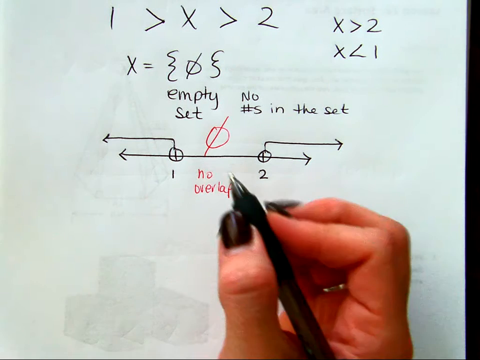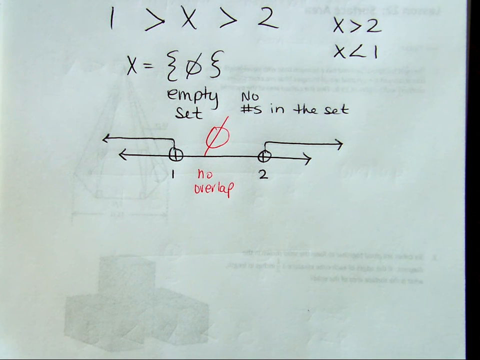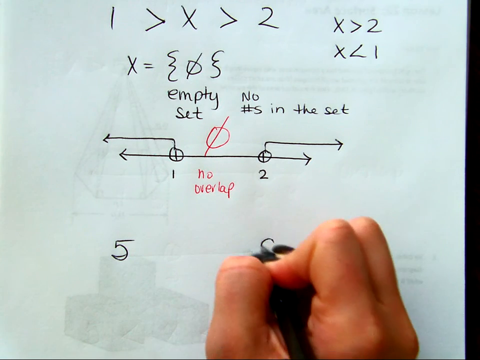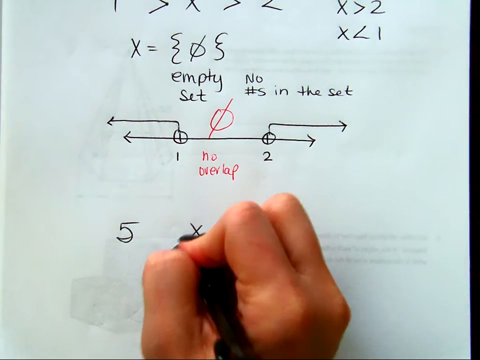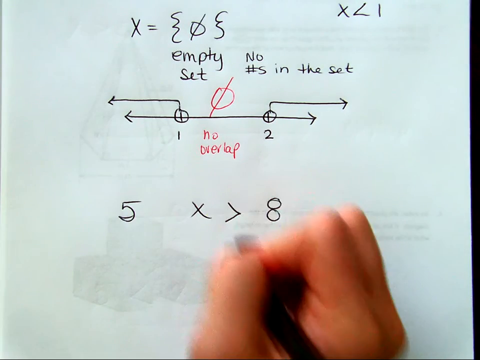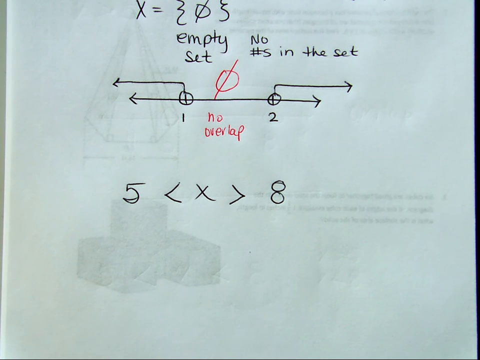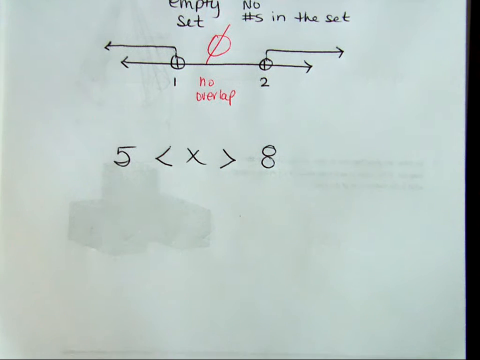Now, if I were to say, let's do 5 and 8 again. x in the middle. 5 less than x, which is less than 8. I'll give you a minute to look at that and try to think about what it means.